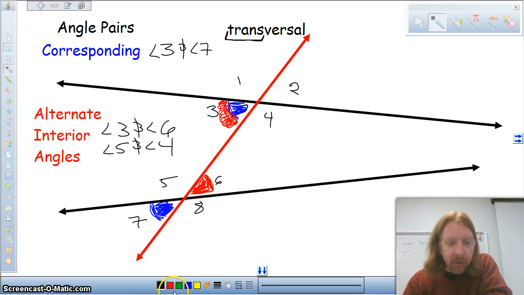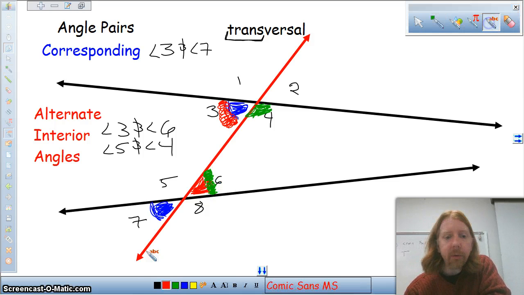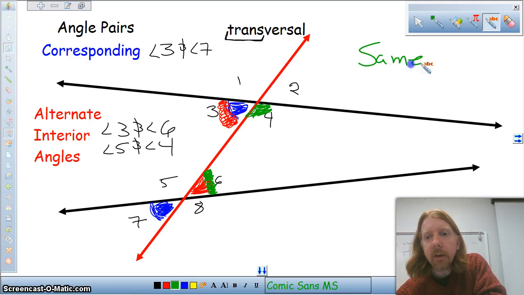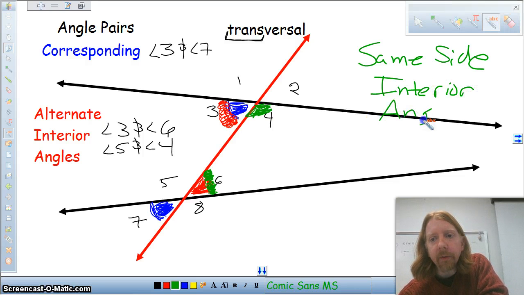Now that's a little different than, say, angle 4. There's 4 and 6. Now those angles we call same side interior angles.